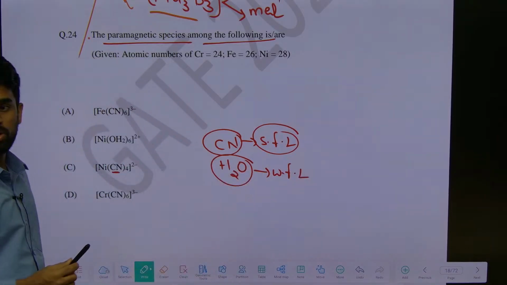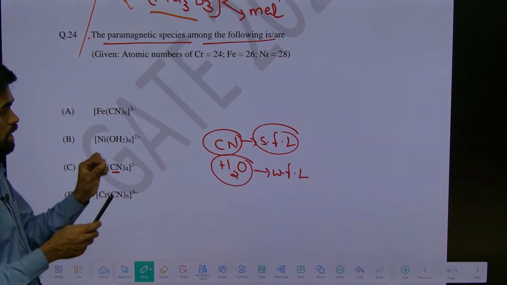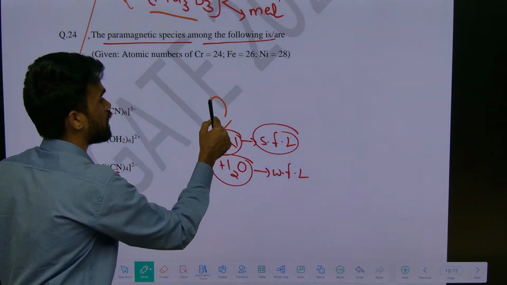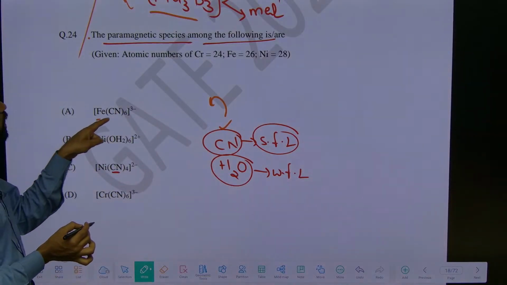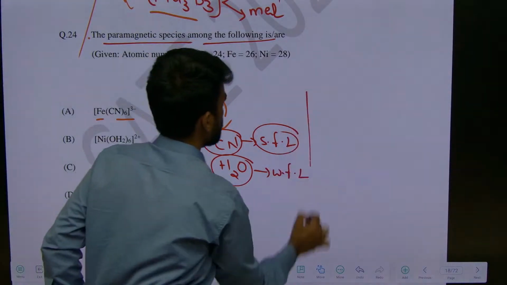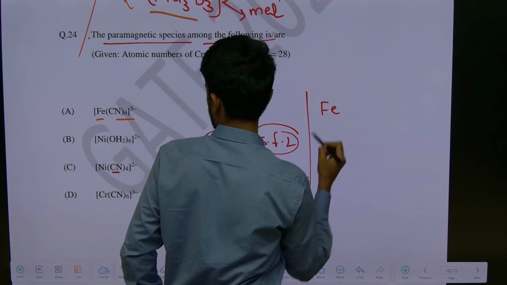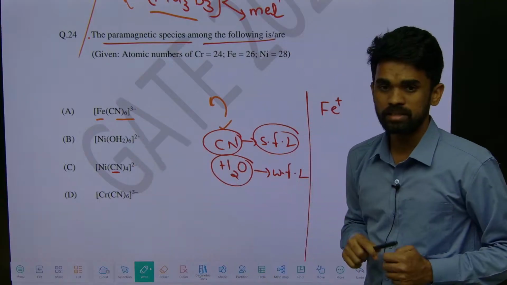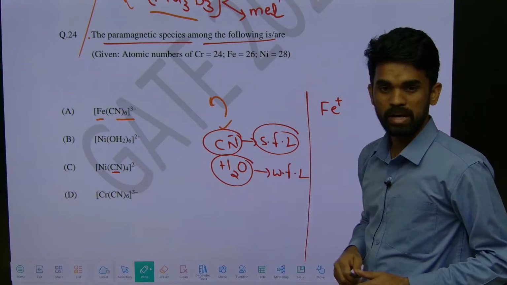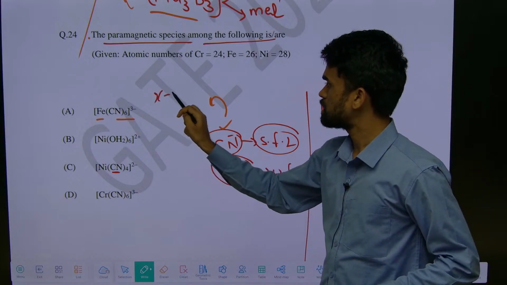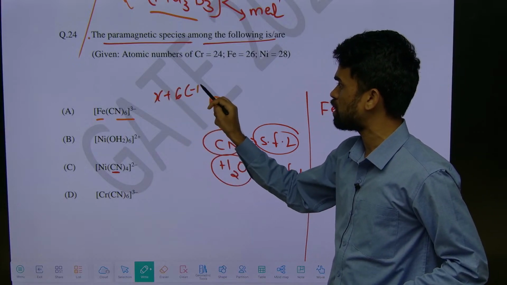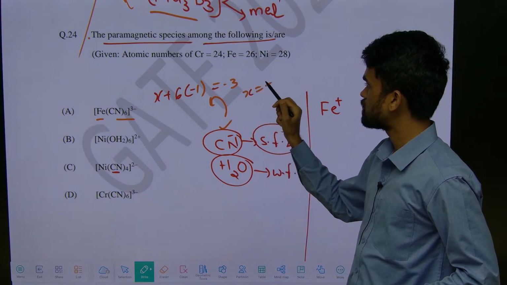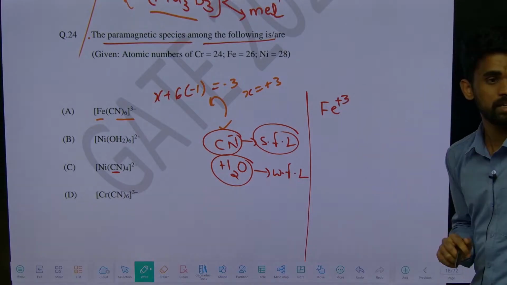Now what I told you, whenever there is a complex formation, if there is any possibility to pair up the electrons, these strong field ligands will pair the electrons of that metal. I will tell you one example, you can do it for the other. So here you can take iron. What is the oxidation state? Find that. Cyanide is CN minus. So X plus 6, each cyanide is -1, the charge present is -3. So X will be +3. This is the oxidation state of iron in the first complex.